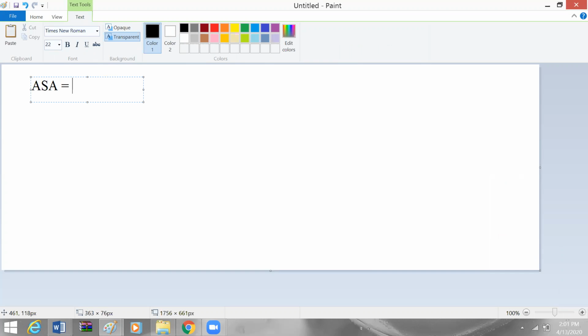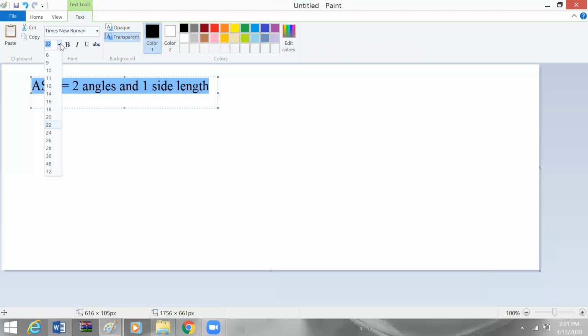Meaning that we have two angles and one side length of a triangle. So this is really important to have. In order to understand what it is, we're going to look at one triangle and see how we're going to proceed.